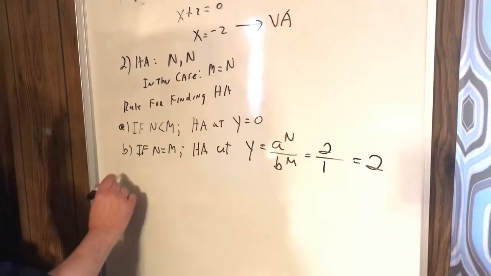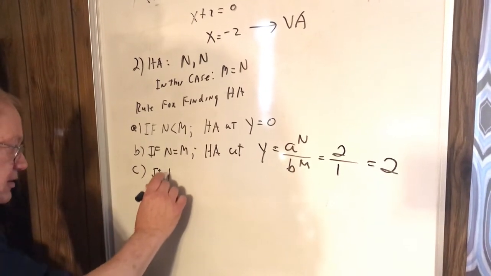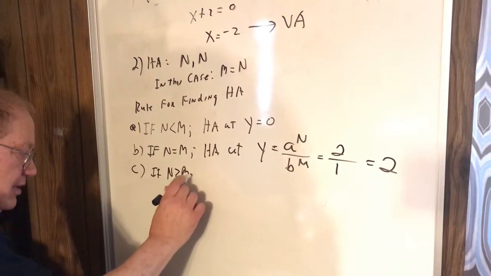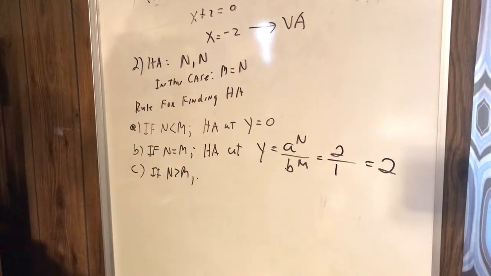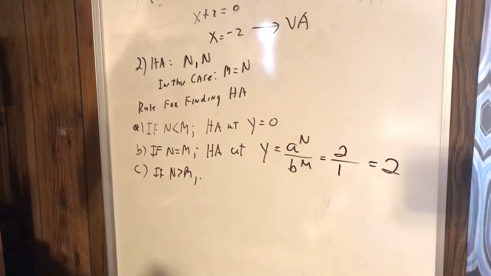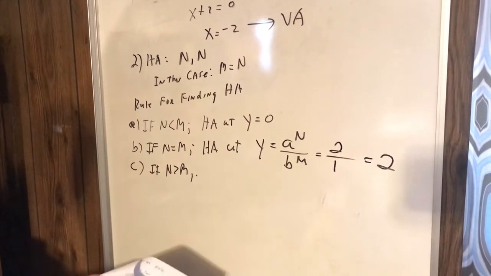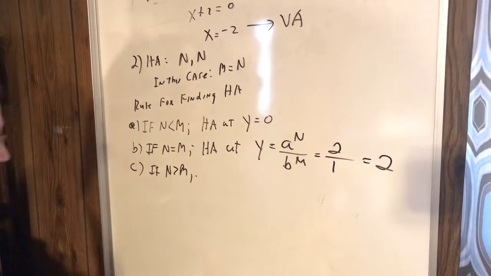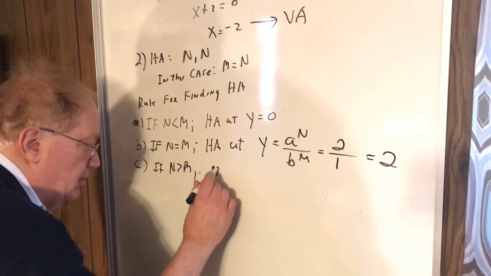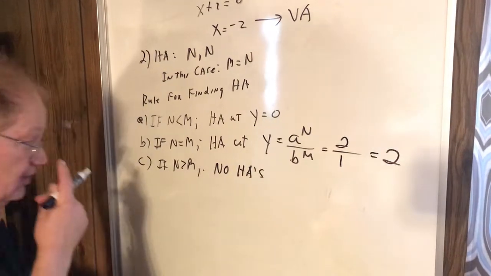All right? Now C, suppose, you're going to like this one. Well, if n is greater than m, you're going to have no horizontal asymptote. The horizontal asymptote does not exist in this case. So there are no horizontal asymptotes. That's pretty easy.